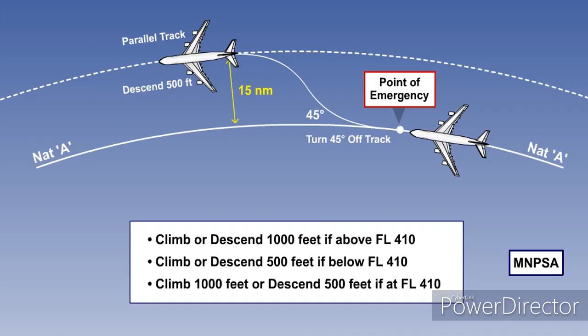If the aeroplane is at flight level 410, the pilot can climb the aeroplane 1,000 feet or descend 500 feet. These procedures are designed to place the affected aeroplane safely separated from other traffic in the MNPSA.